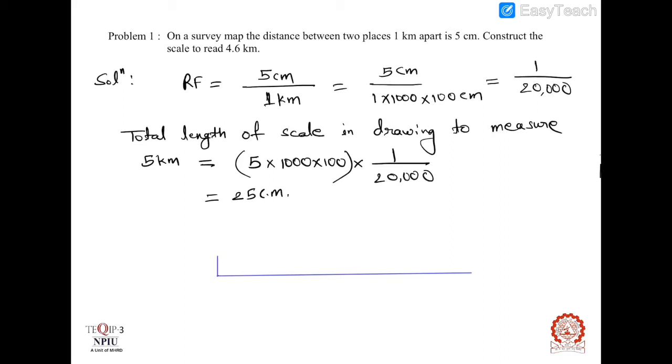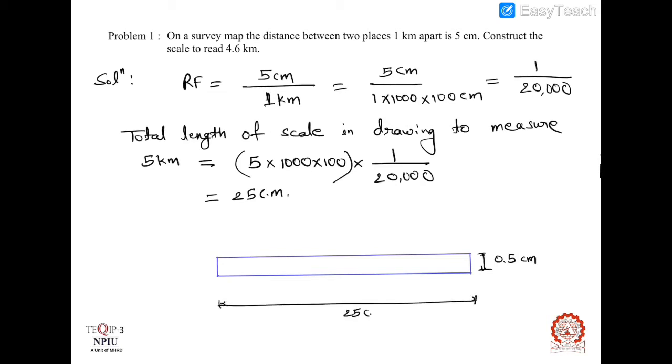This length you can keep 0.5 centimeter, and this is 25 centimeter. But you don't need to write these dimensions on the drawing sheet. Okay, now this 25 centimeter representing 5 kilometer.